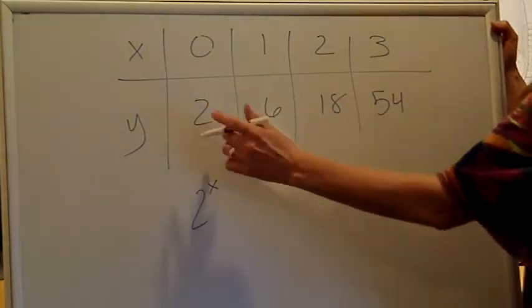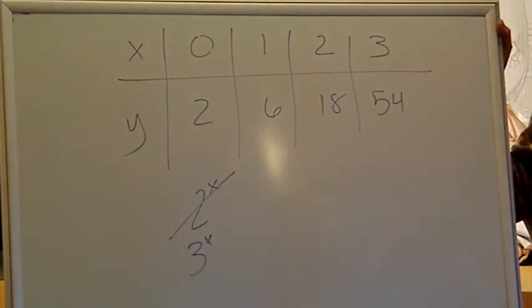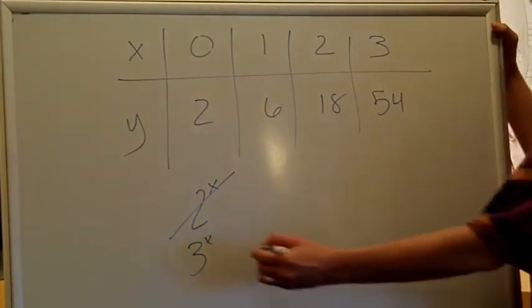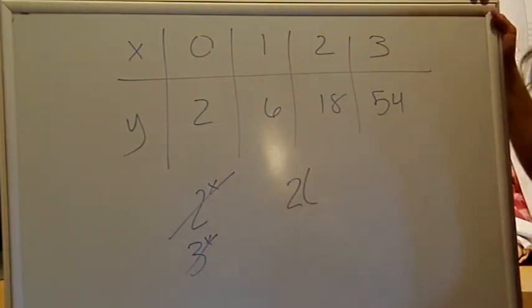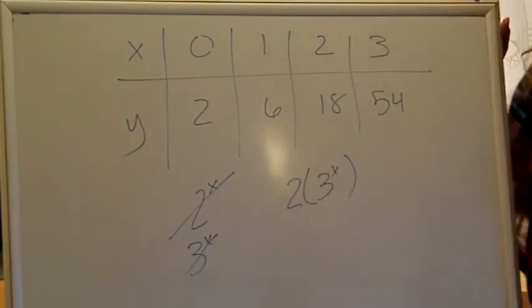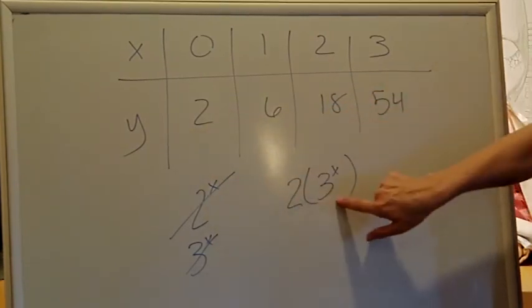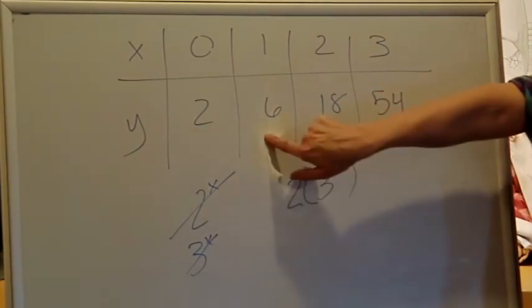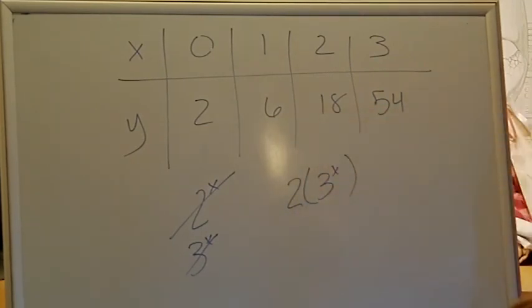It's not 2. So that one's out. Same thing with 3 to the x power. Your first y should be a 1. Your only choice is 2 times 3 to the x, which works in this case, and you can check it every time. You get 1 times 2 is 2. 3 to the first power is 3. 3 times 2 is 6. 3 to the second power is 9. 9 times 2 is 18, so it works. Answer choice E.